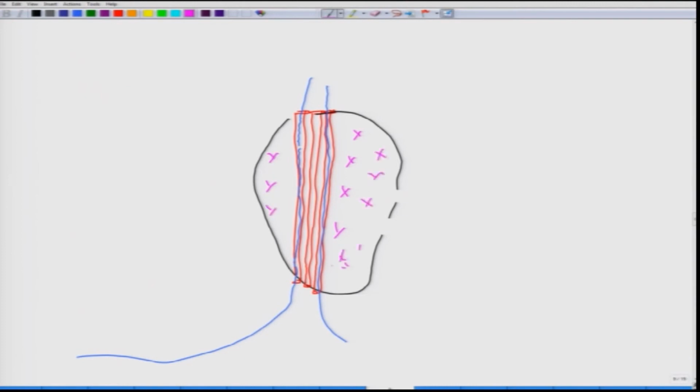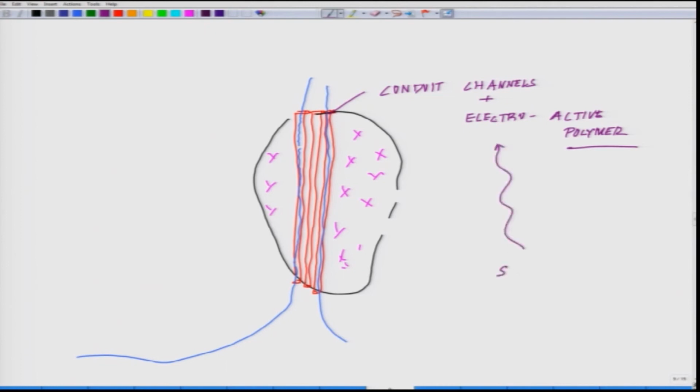You can bypass it by having such conduit channels, and some people are even using these conduit channels plus electroactive polymers. These electroactive polymers are mixed in, or the channels are even made with them, in order to give stimulation.